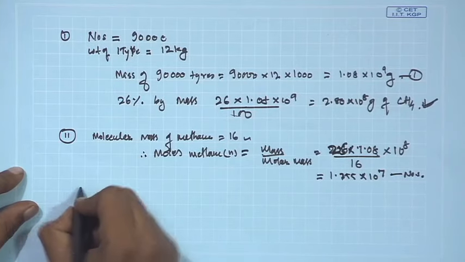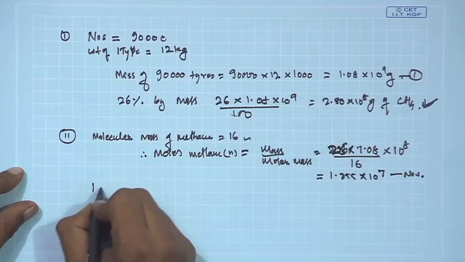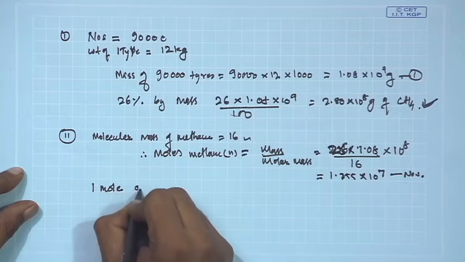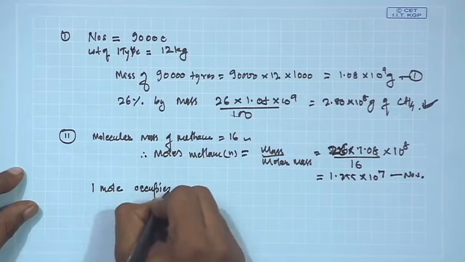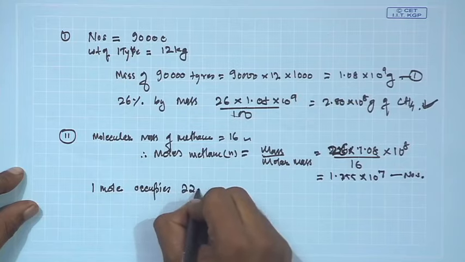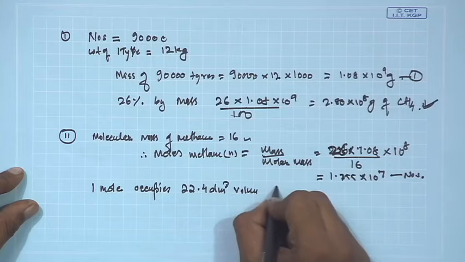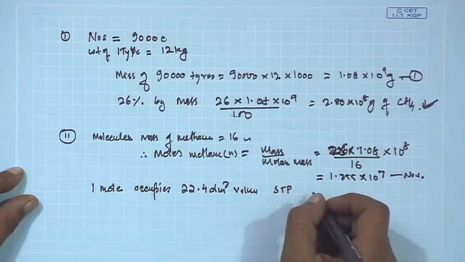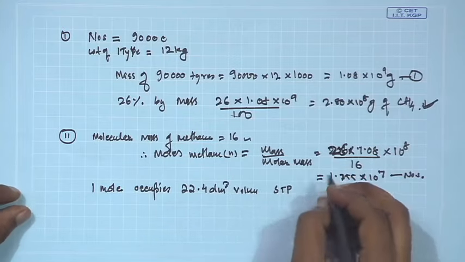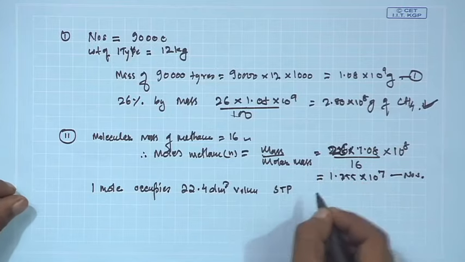We know by standard value that 1 mole occupies 22.4 decimeter cube volume at STP, standard temperature and pressure, that is 0 degree Celsius.